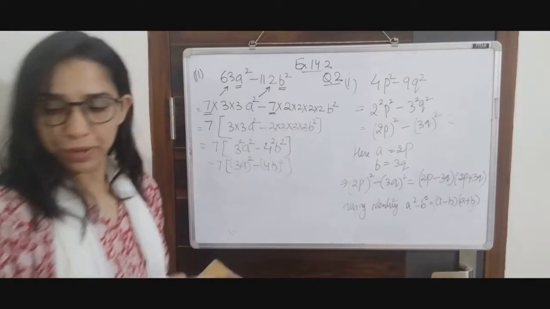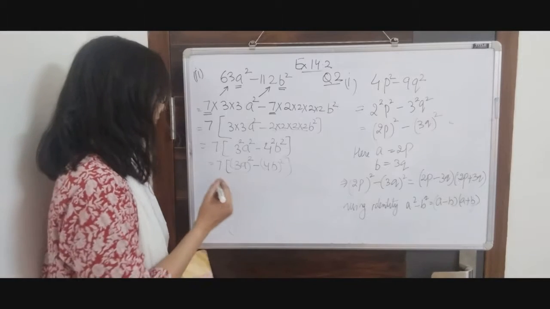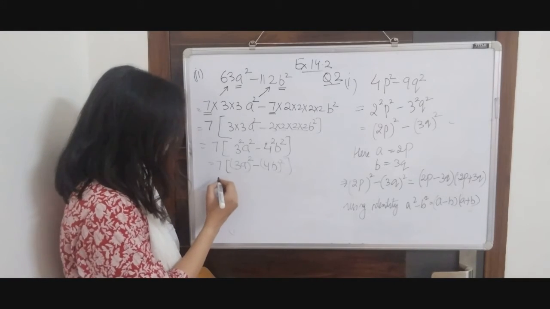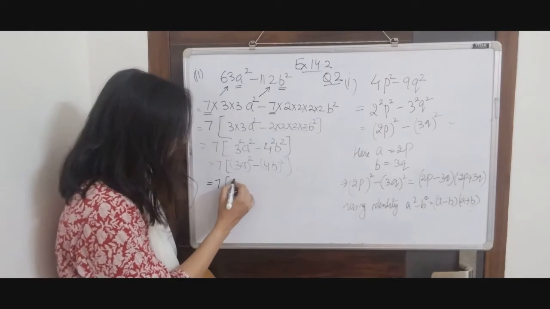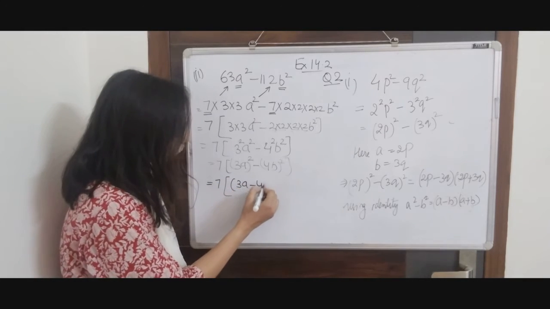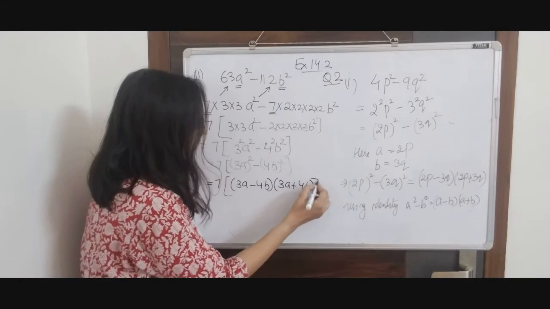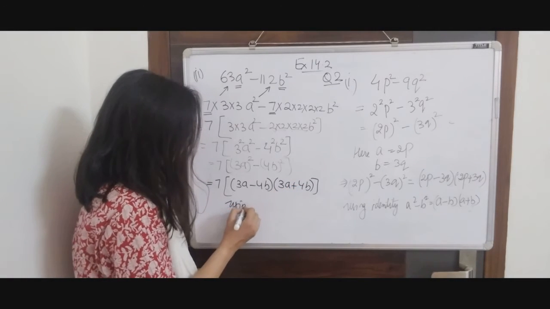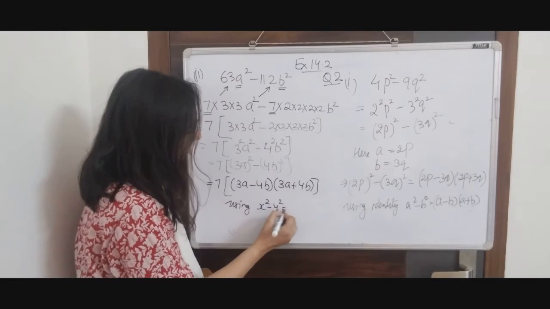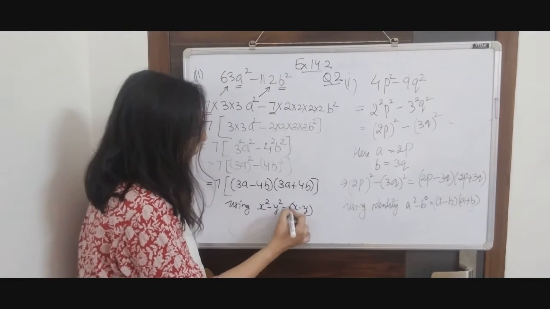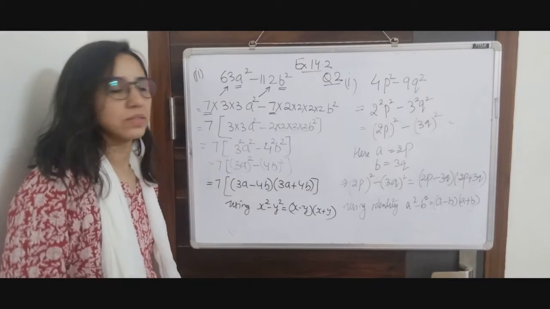Now we will be using a² minus b². Is equal to 7, or you can write directly (3a minus 4b)(3a plus 4b), using x² minus y² is equal to (x minus y) into (x plus y), like this.